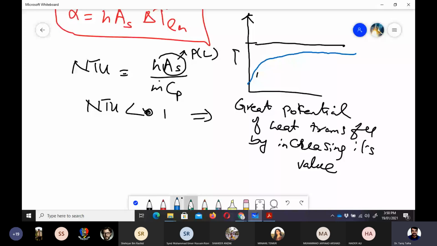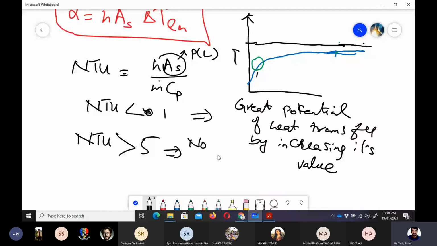So if we increase the pipe length, it would give us more increase. But if the length is quite big, then we would be in this area. Then even if we increase the length, if NTU is more than 5, there is no advantage of increasing the pipe length.